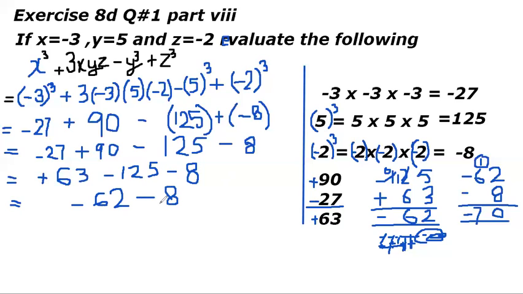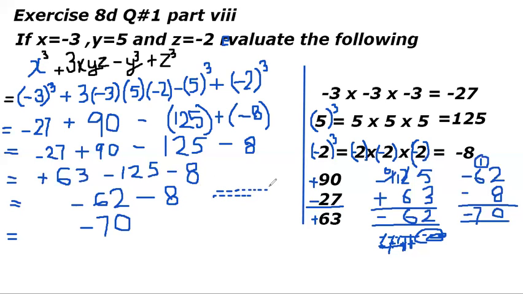Now negative 62 and negative 8 will be equal to negative 70. How will they be equal to negative 70? Using the tile method, negative 62 means that we will place, for example, these are 62 negative signs. Let's suppose negative 8 means these are negative 8 signs.